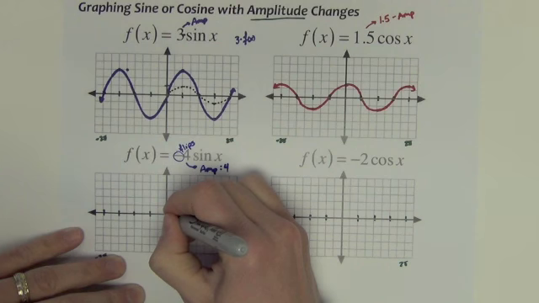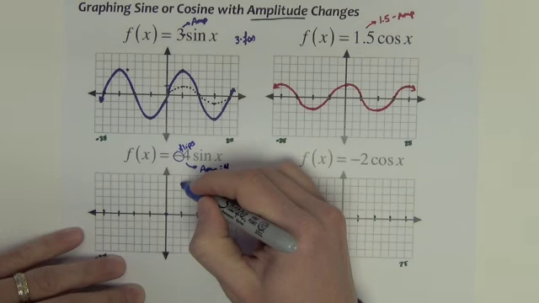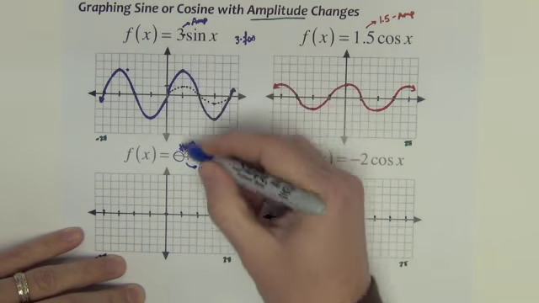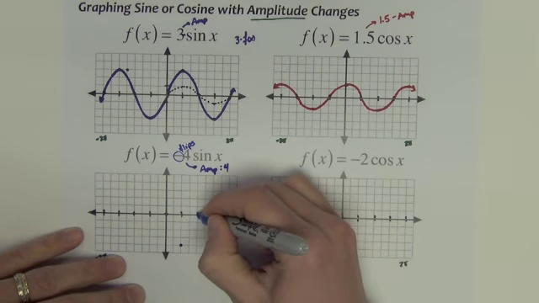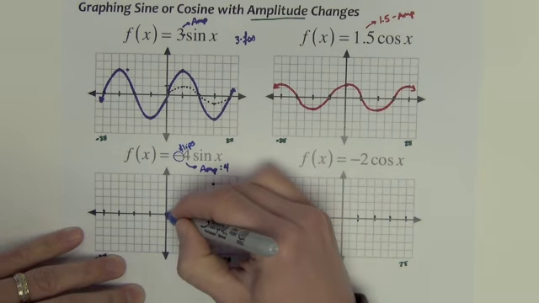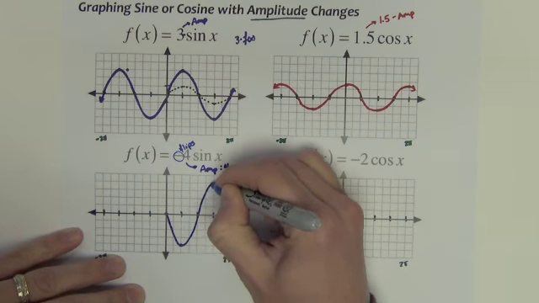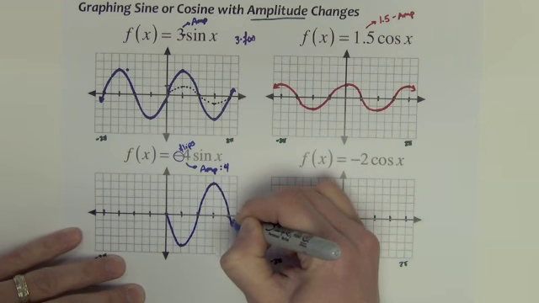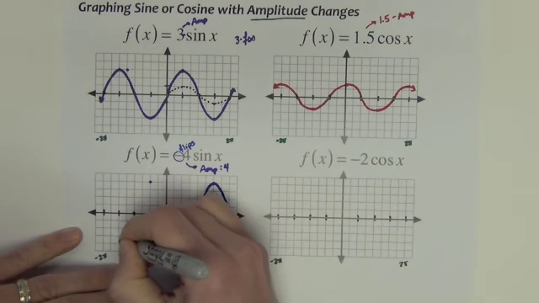So we're going to start at 0, 0 still, but instead of going up its amplitude to 4, like this one went up to 3 first, this one's going to reflect, it's going to go down to 4. And then it's going to come up to 0, and it's going to go up to 4, and back down to 0. Kind of like this. Pattern it on the other side.